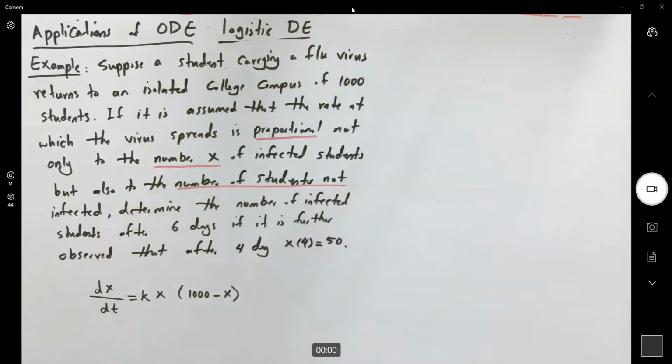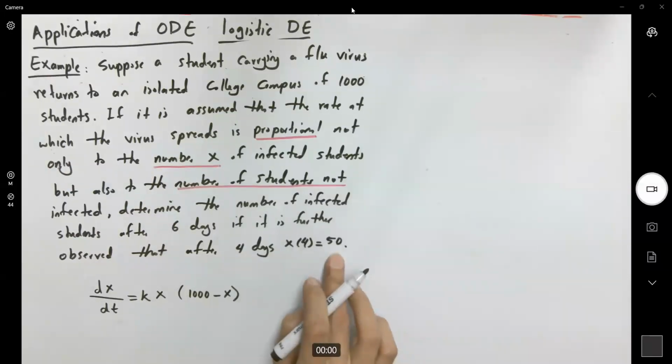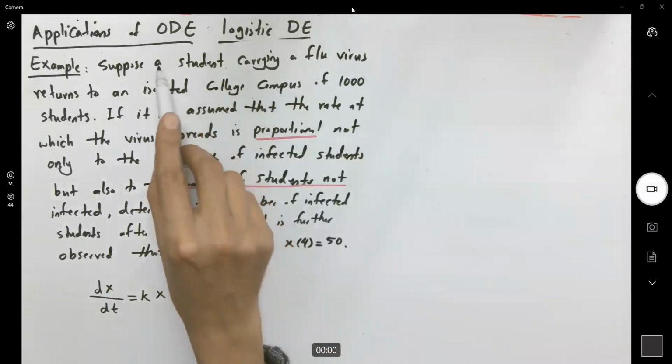Very good. So how do we solve this differential equation? We know that after 4 days, we have 50 infected students. But initially, how many students were infected? One student.